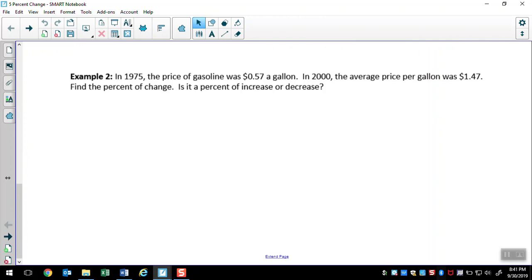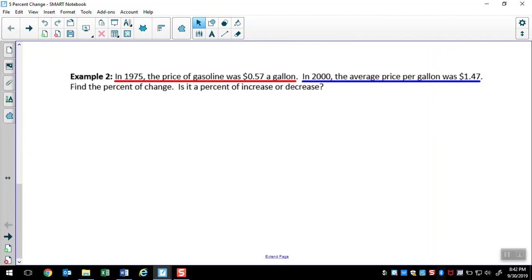So now we have to figure out what numbers we are using. Well, the dates are there more as a way to help guide you in terms of what's the new and what's the original. So in 1975, the price of gasoline was 57 cents a gallon. This right here, the price, is what our focus is. Then in 2000, the average price per gallon was $1.47.